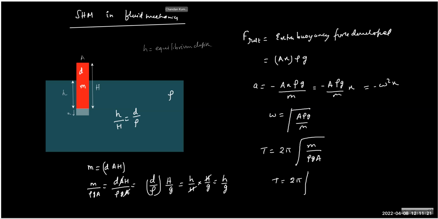It is the same as a pendulum, and in this pendulum, the length is replaced by the equilibrium depth. So you can always compare like this to remember the final answer. Even if you forget everything in the examination, just remember that the answer is like a pendulum, 2 pi under root L by G. But what is L here? The equilibrium depth. So without solving anything, just find small h in terms of the variables given and substitute it in the answer. Is this clear?